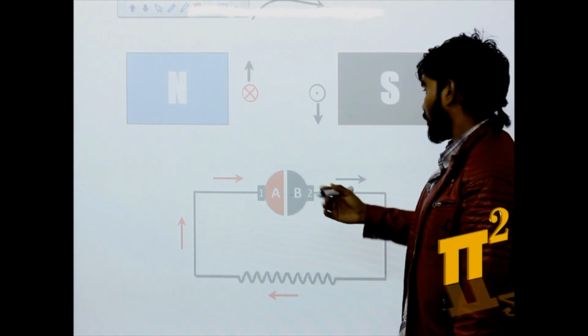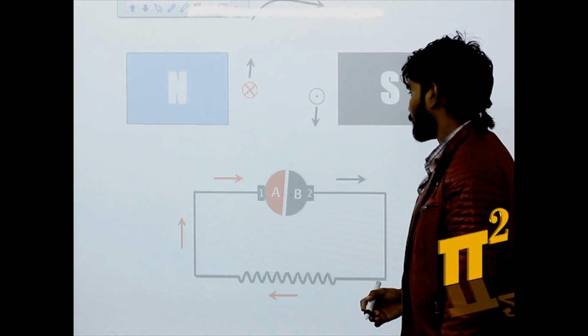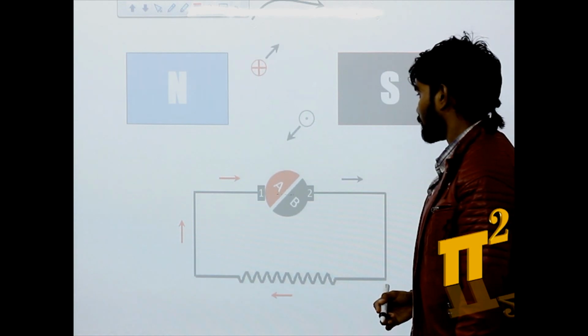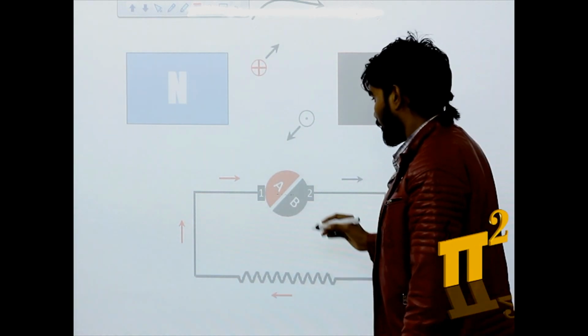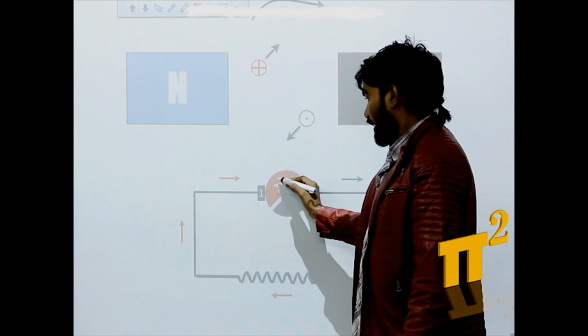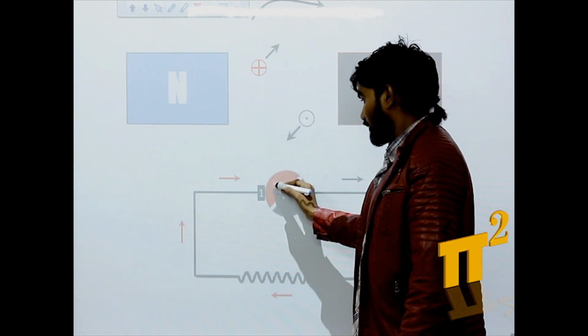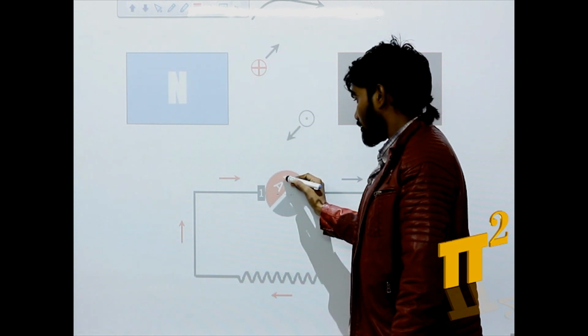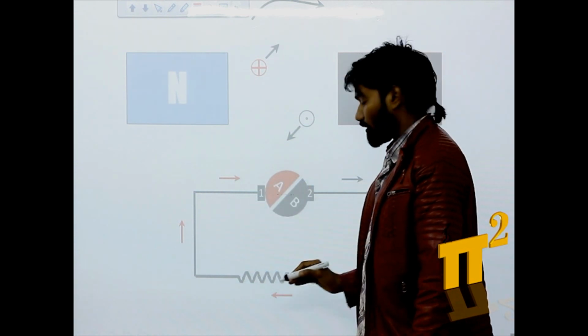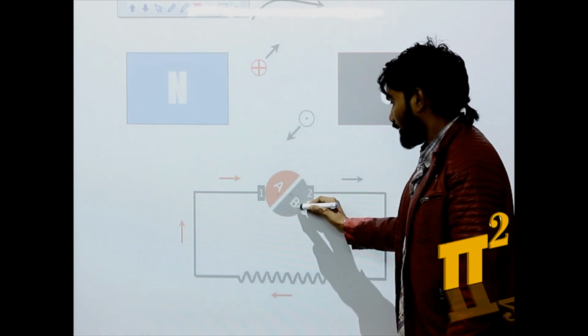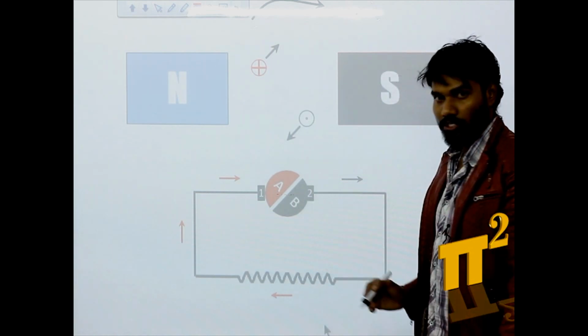Now let's look at the rotation. Now the thing to be noticed is this red part is now in contact with brush 1. This black part is in contact with brush 2.